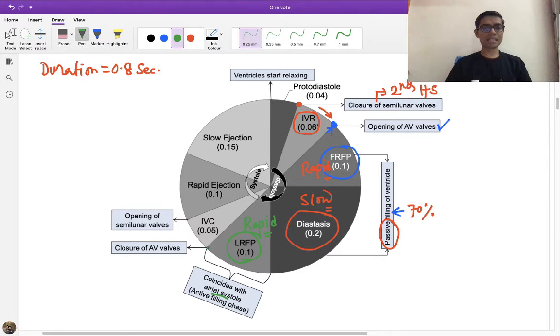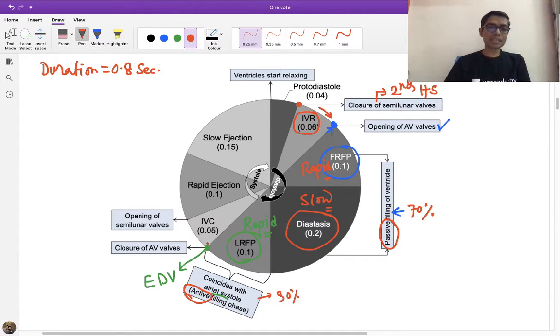So I can easily understand at the end of this last rapid filling phase, the volume of blood which is present in the ventricle is known as the end diastolic volume, right? And this last rapid filling phase is occurring due to atrium contraction, which is active contraction. That's why the name of the filling phase is active filling phase of ventricle, which contributes to 30% of ventricular filling, right?